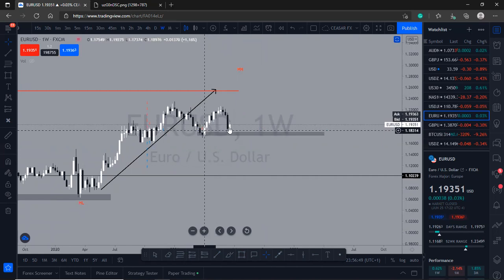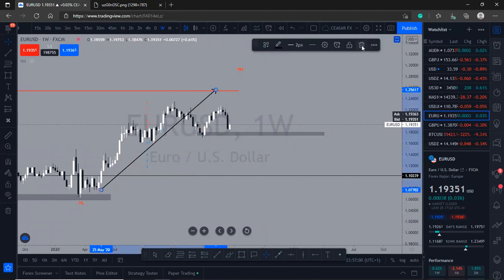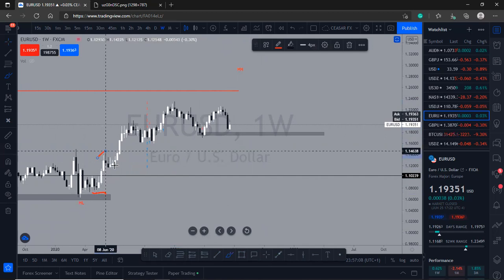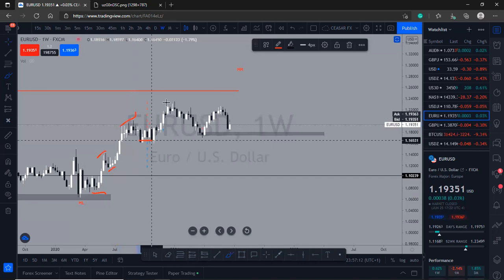This imbalance, now we see that the USD is trying to go to the upside. Because here, if you look closely into this minor structure, you will see that it created what? It created this higher low, higher high, higher low, higher high, higher low, because it didn't break this higher low.